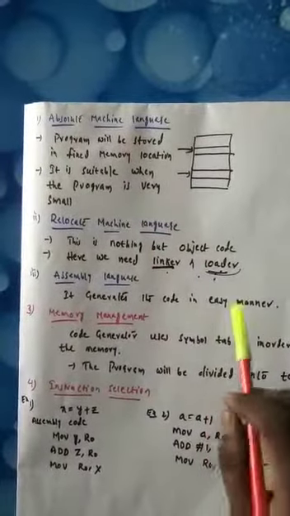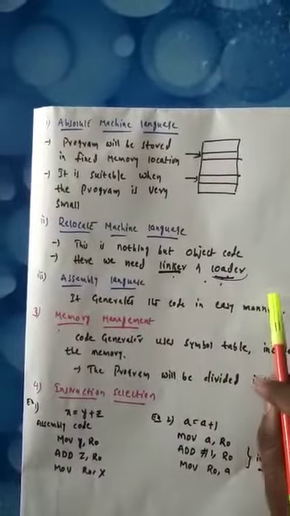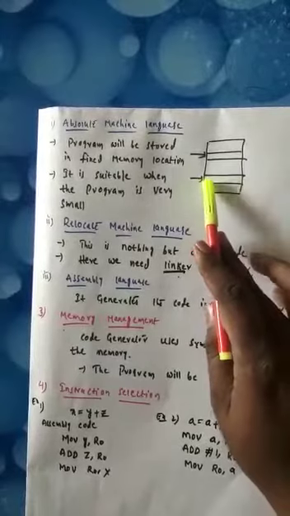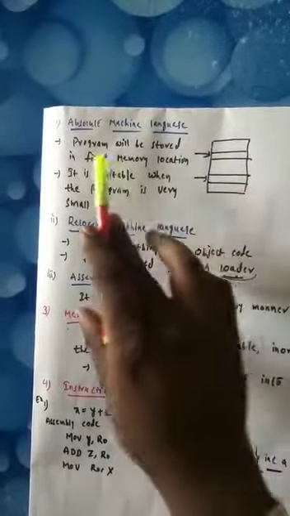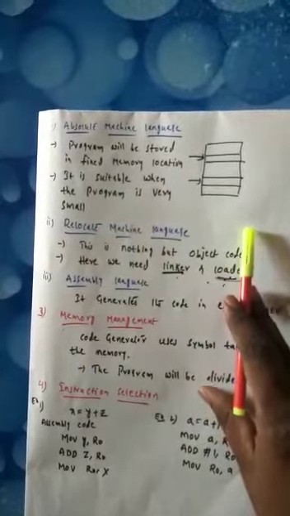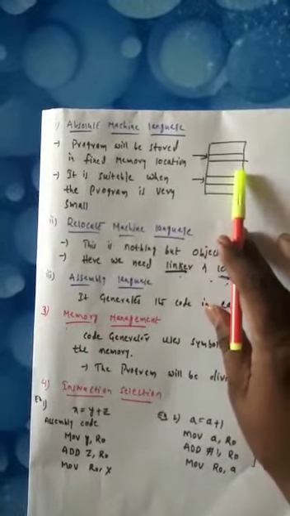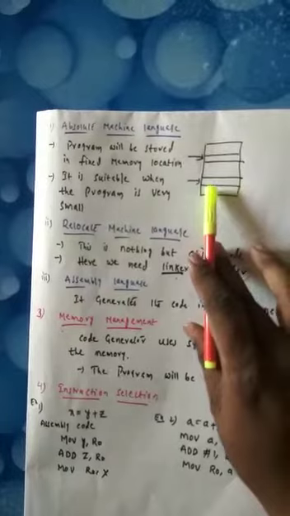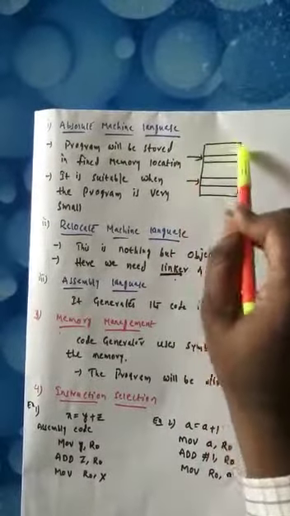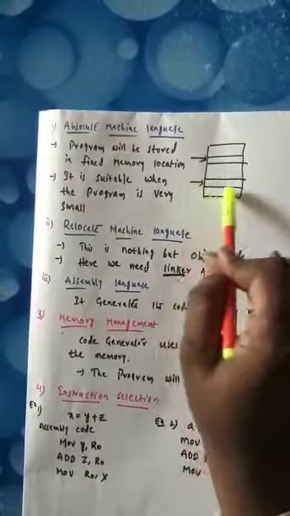The first one is absolute machine language. In this, the program will be stored in fixed memory locations, that is RAM, also called main memory, and the memory locations will not be changed. Think of it as a main memory with these memory locations.